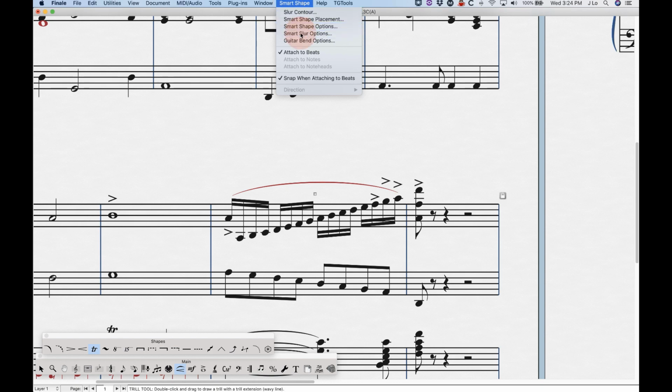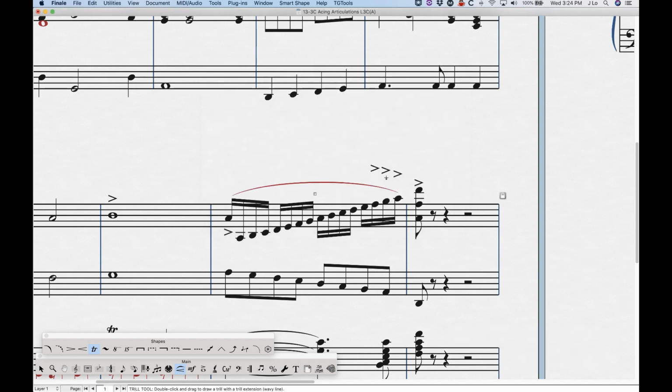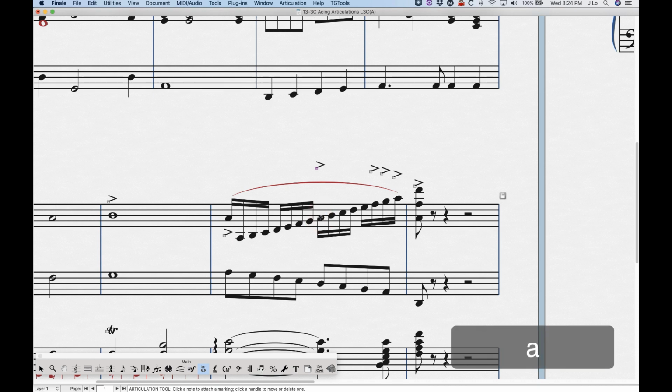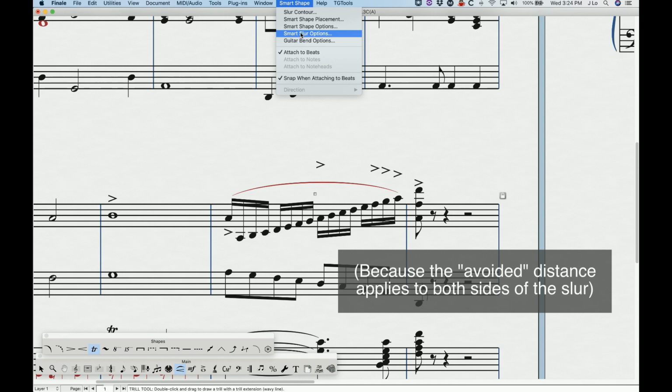An even bigger value. Let's make it 0.2. And you'll see that not only is it putting it farther away, but it's changing which accents will get placed outside based on that avoidance number, right? Even the accent here, where there's plenty of room, it's actually not plenty of room based on that value of avoidance, right?